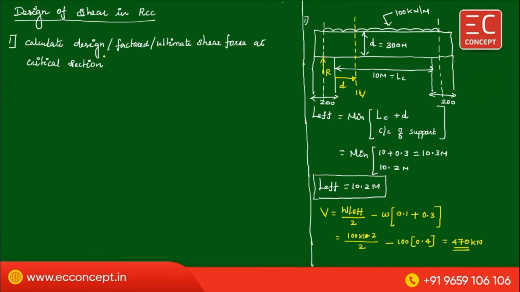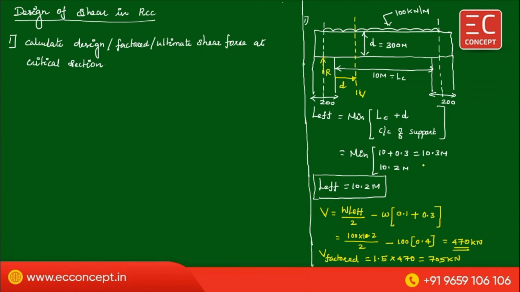Okay. So calculate the design or factored or ultimate shear force at a critical section. So what is the factored shear force now? At a critical section, we know that you have to multiply with 1.5. 1.5 into 470 in the limit state is equal to 705 kilonewton.